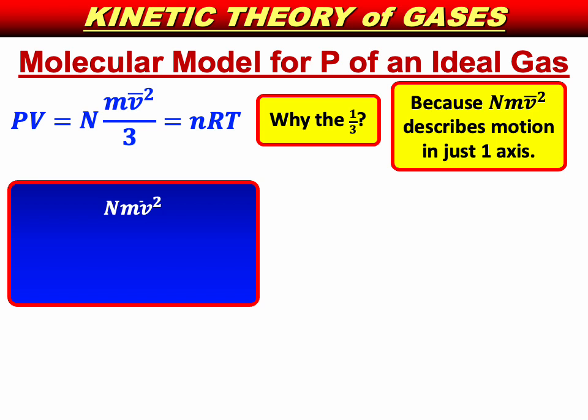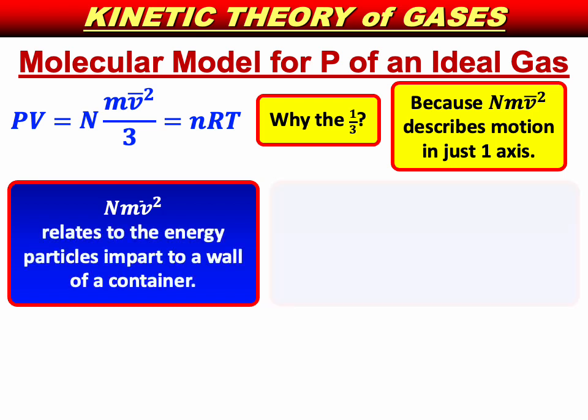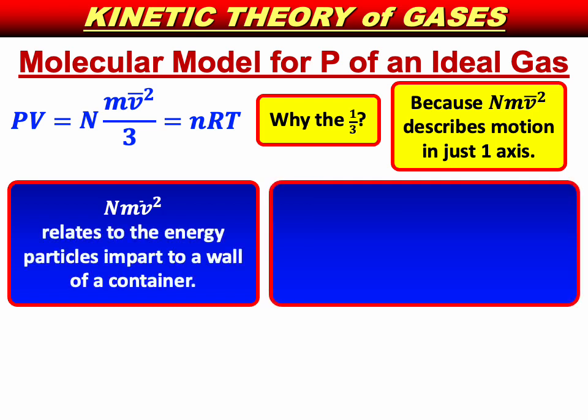So that's 1/3 of the directions that you can be moving, x, y, and z. This term right here, it's related to the energy that a particle has, and it imparts to the wall of a container. We're going to pick that apart more too.